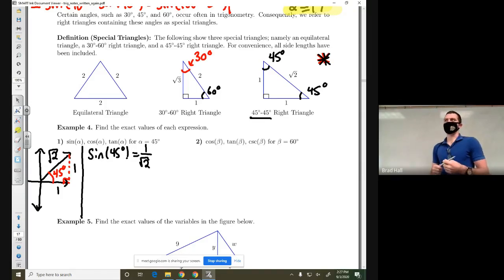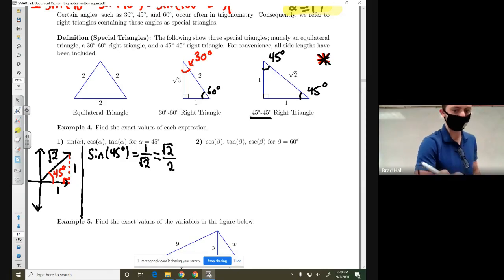So if you look in the back of the book and you think to yourself, I must have gotten the wrong answer because my answer doesn't look like their answer, that may not be the case. So I am going to put the rationalized form. You don't have to rationalize it, but if you see answers like this in the back of the book, I'm just showing you what they might look like.